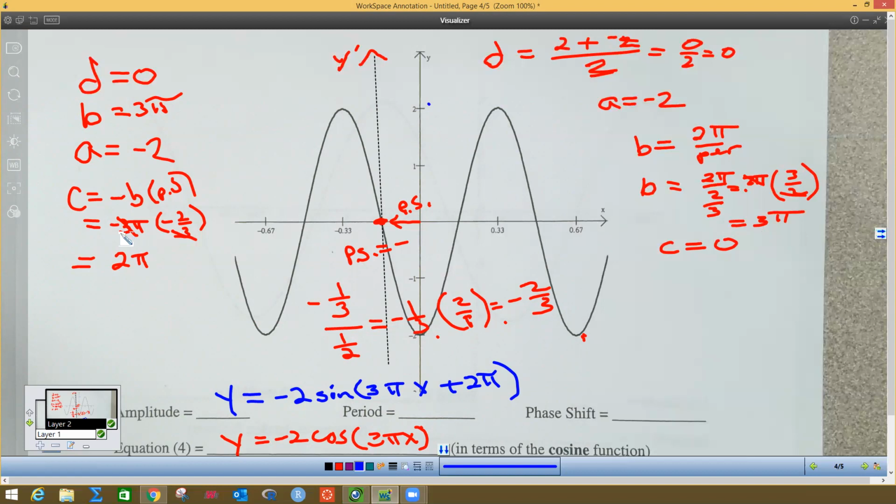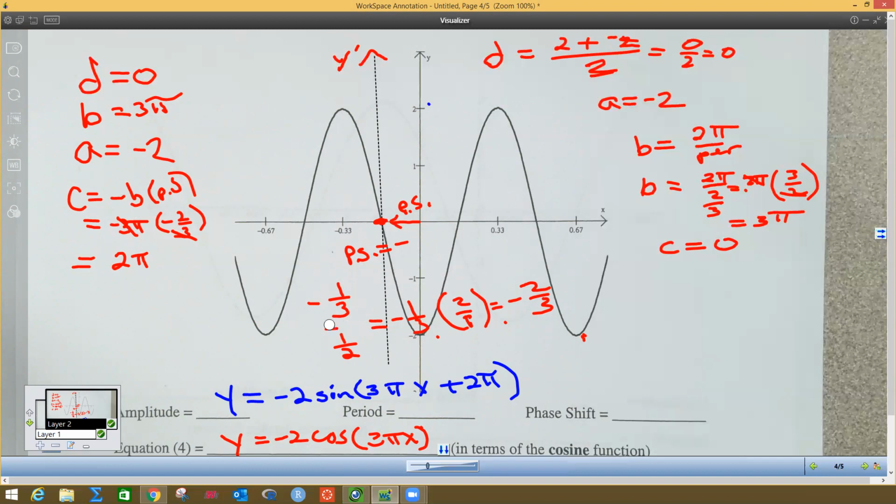So did we take a negative 3 pi? We did. And we said we were moving to the left 2/3. So we had to find half of a third. There's where we made our mistake. Half of a third means we have to actually, what's the word of mean in math?